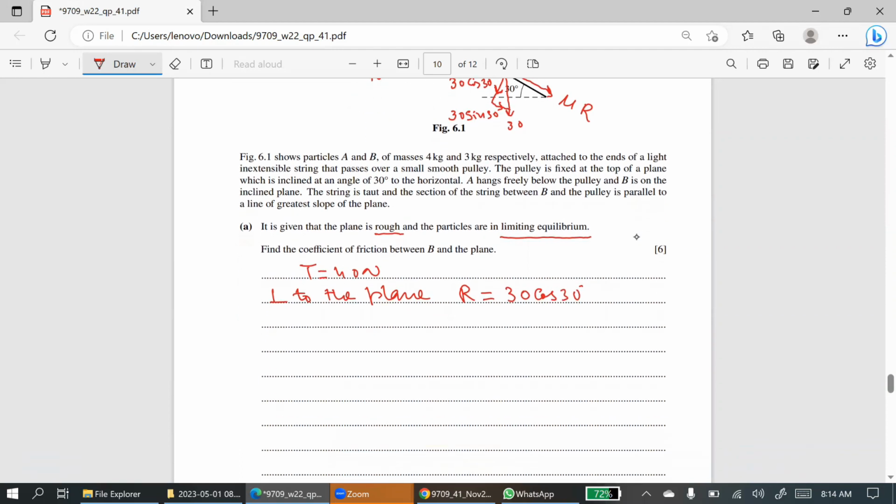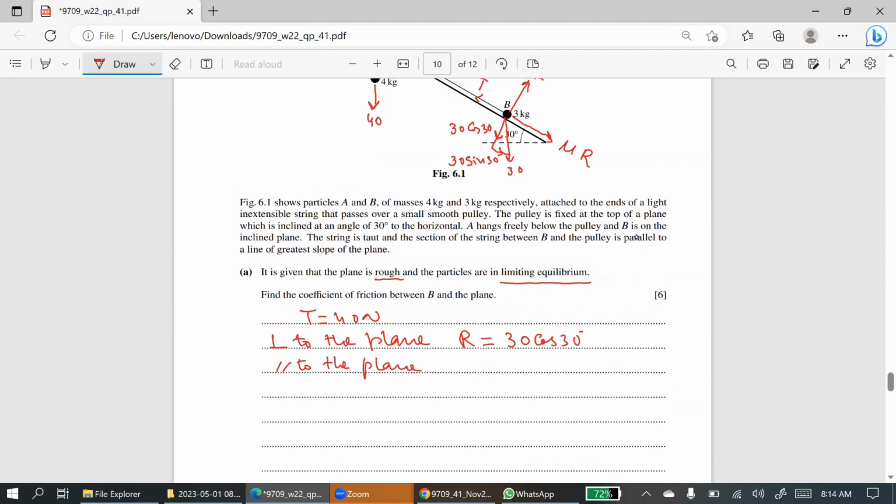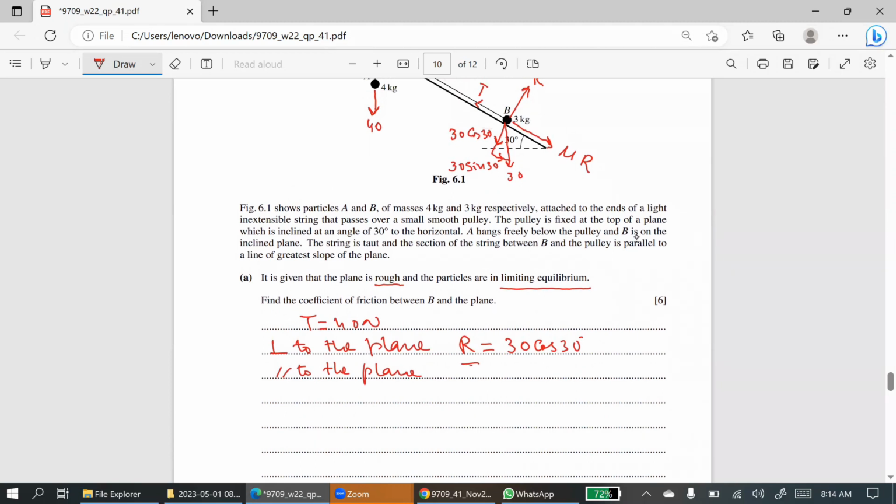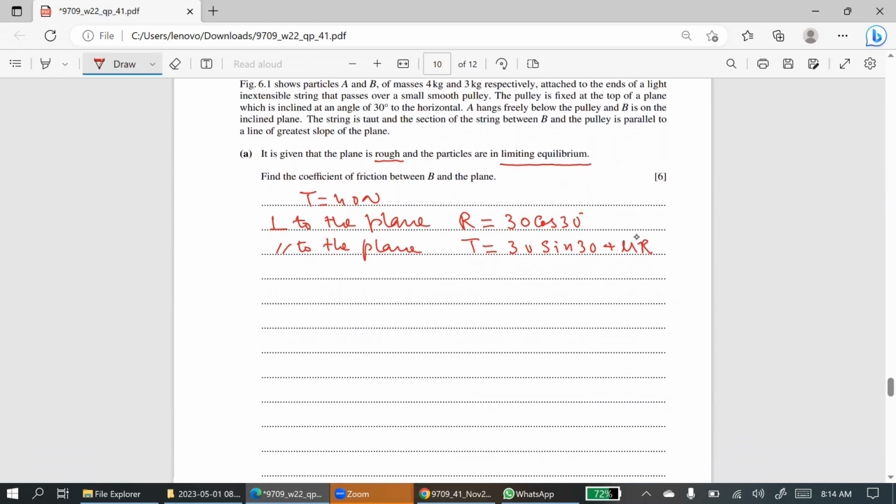Now the forces parallel to the plane: T is equal to 30 sine 30 plus mu R. T is 40. 30 sine 30 is 15, plus mu R, where R is 30 cos 30.